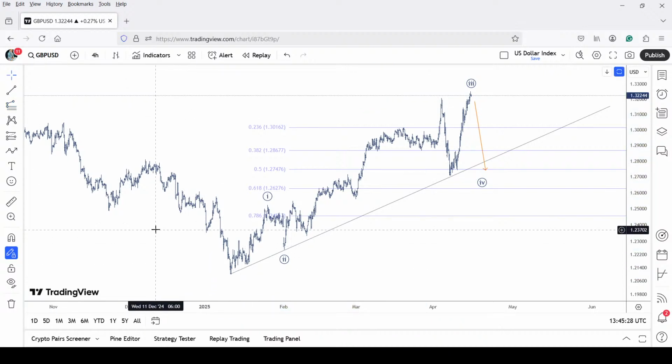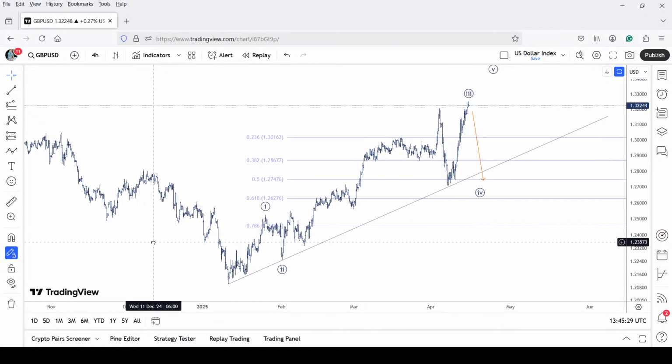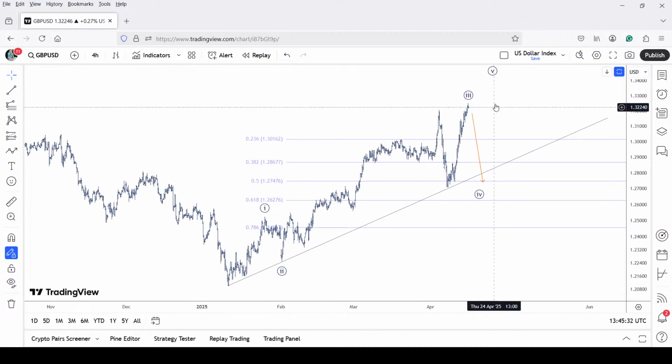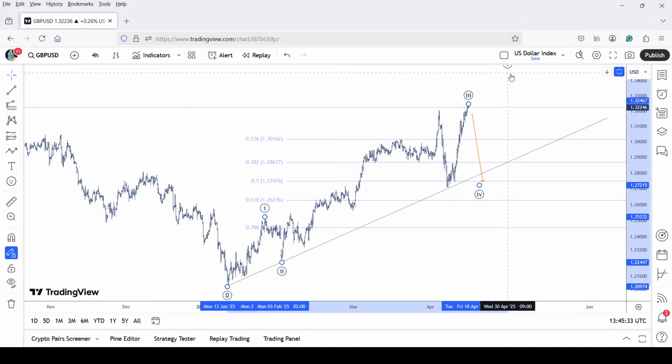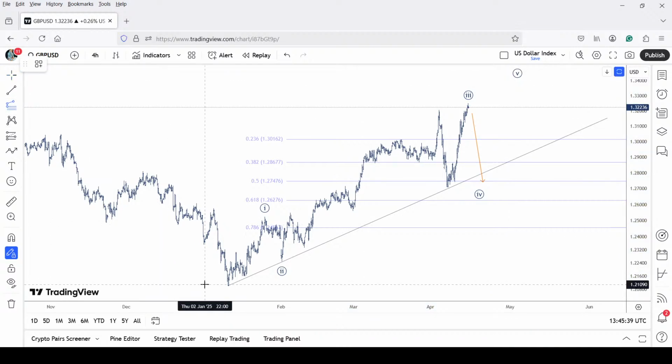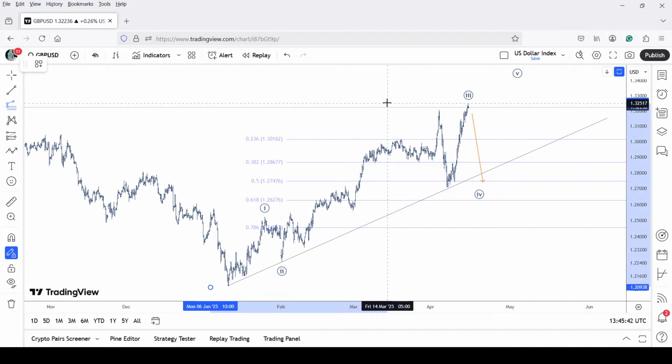All in all, the conclusion that we can easily draw looking at the chart right now is that we still need to wait for a minute wave corrective decline, at least toward the 38.2% mark.